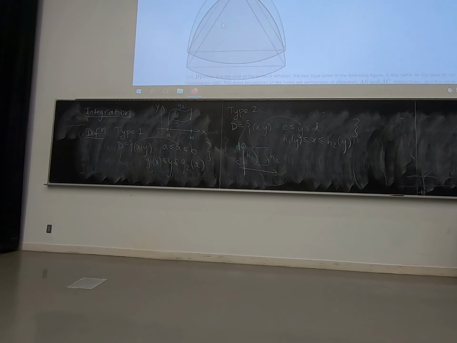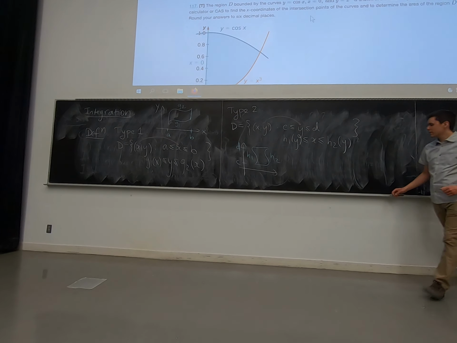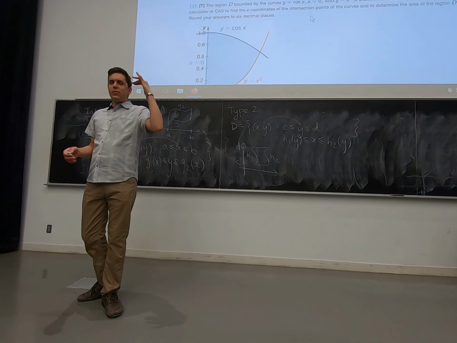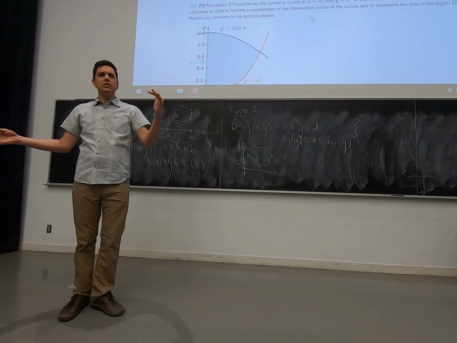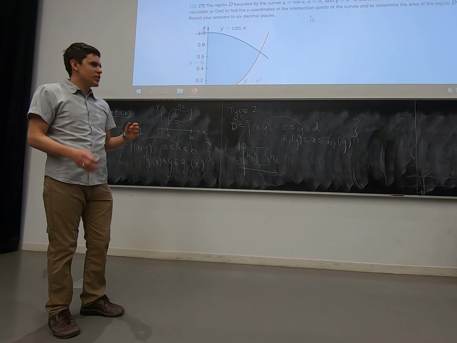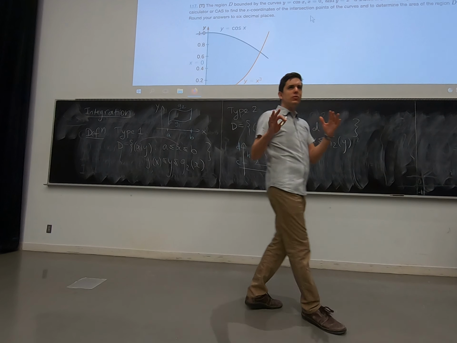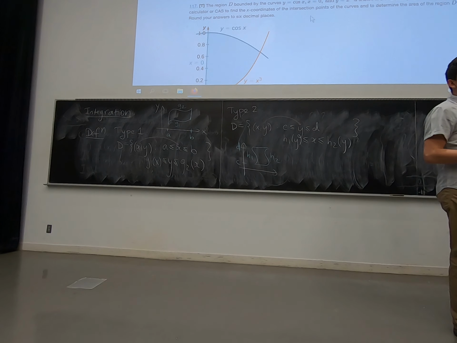We don't have any examples that are neither. So there are regions that are type 1 and not type 2. There are regions that are both type 1 and type 2. Whenever you learn a mathematical distinction, it helps to come up with all possible cases of that distinction.